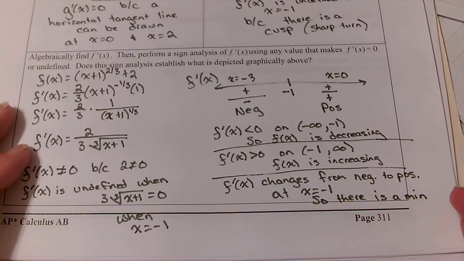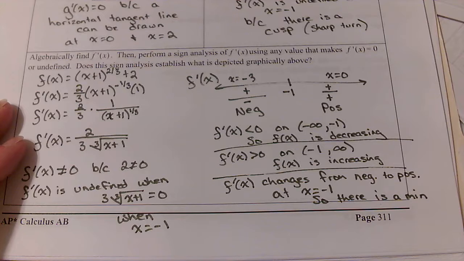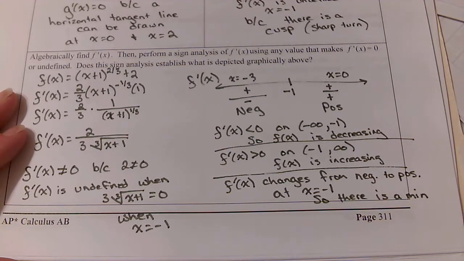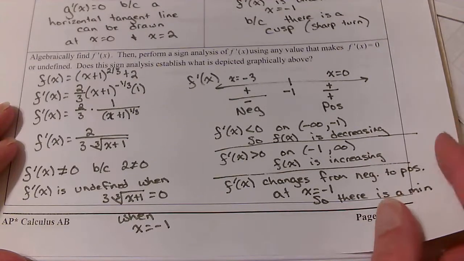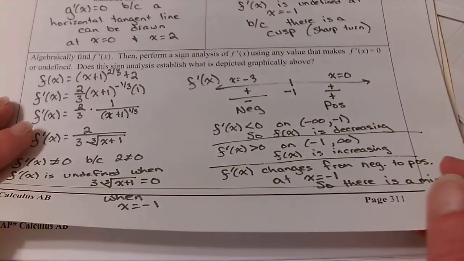So the basic rule that f prime is 0 at every max and min isn't always true. But the fact that it changes from negative to positive is what we want to make sure we look at. So we're going to clarify some things that we had done before.